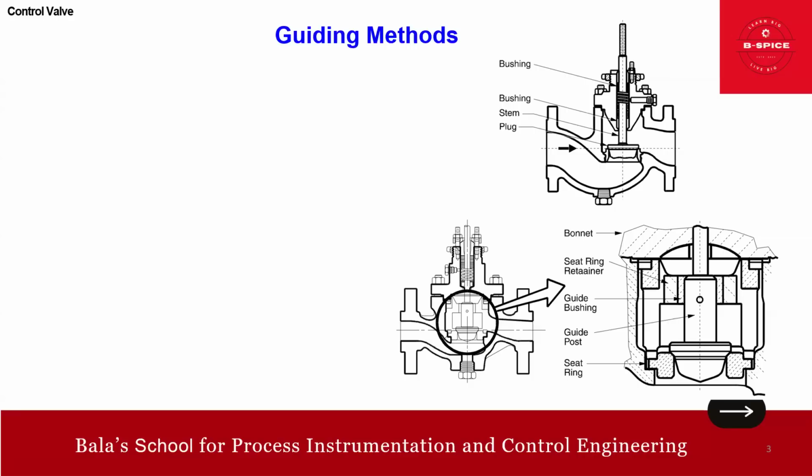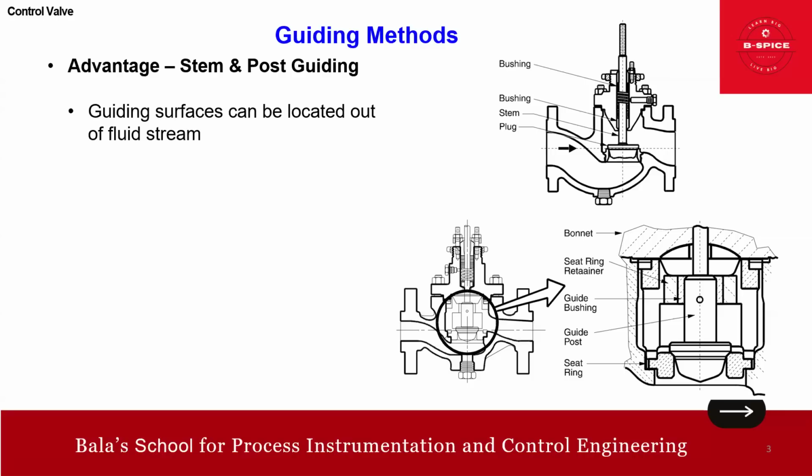Now, what is the advantage of this? The major advantage of stem and post guiding is that the guiding surfaces can be located out of the fluid stream. Just imagine the fluid comes here and goes out, so the guiding surface is all out, not reaching here. It's out of the fluid stream.